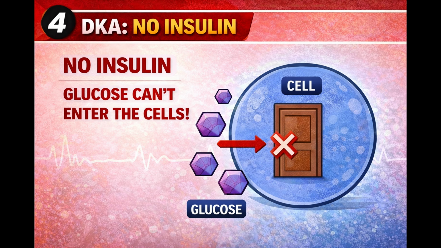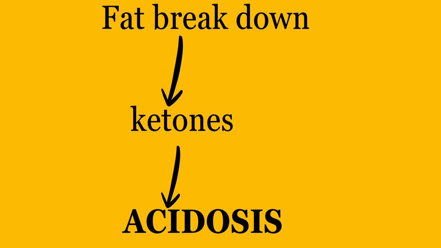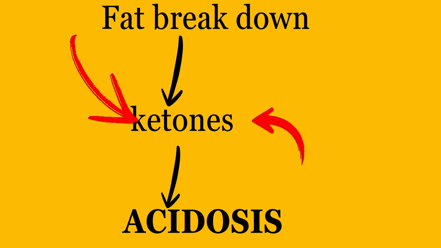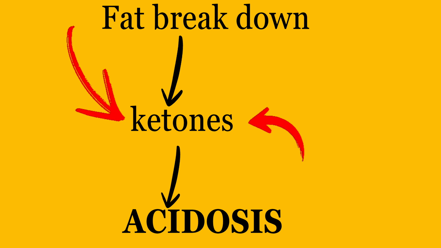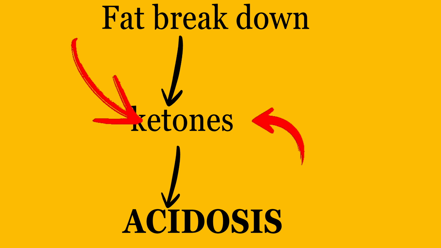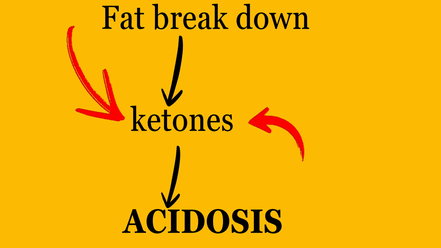So they will now switch to breaking down fat so that they can get energy. Unfortunately for the body, this fat breakdown leads to a byproduct called ketones. As the body breaks down fat to use for energy, ketones are being produced as a byproduct. Ketones are an acid.